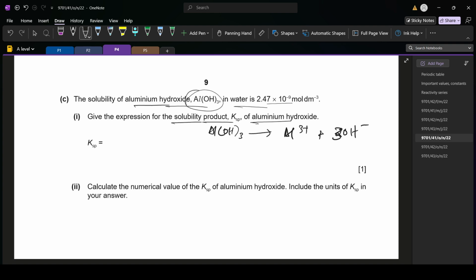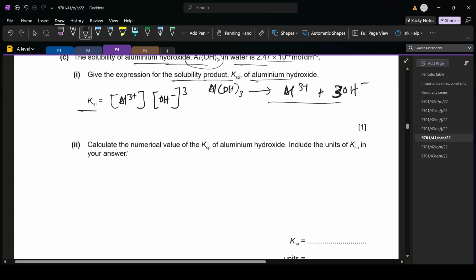The definition of Ksp is the product of concentrations of ions of a sparingly soluble salt. So it will be the concentration of Al3+ and the concentration of hydroxide ions, with a power of 3 because the moles will be in the power in the K equations. Ksp.